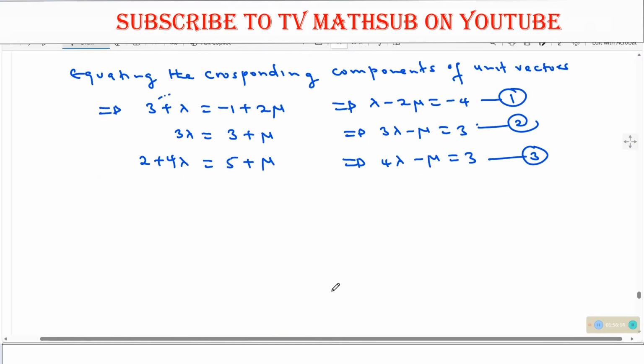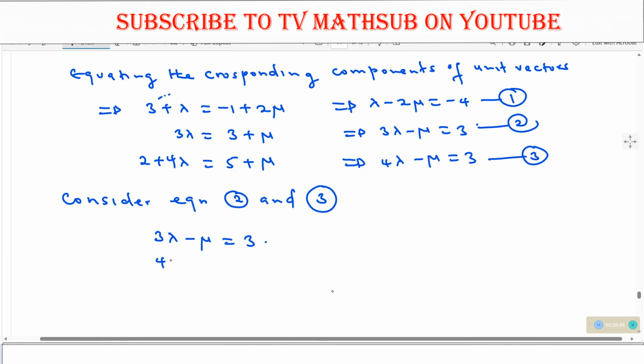Now, let us try to get the values of lambda and mu. We can easily consider equations 2 and 3. I think this is easier. So this is 3 lambda minus mu, which is equal to 3. This is 4 lambda minus mu, which is equal to 3.